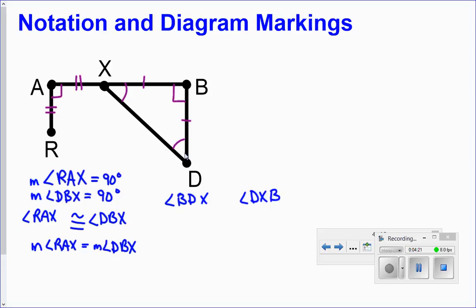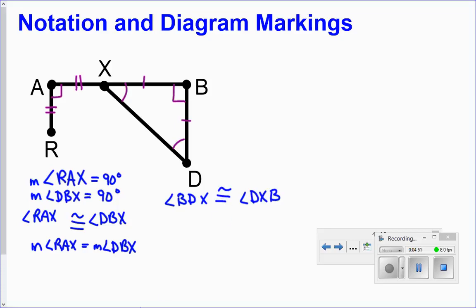When I say the same, what I mean by that is I see the same number of arcs. Each of those angles has just one arc going through the angle. And that indicates that those two angles are congruent. So it would be correct for me to look at this diagram and write that angle BDX and angle DXB are congruent.